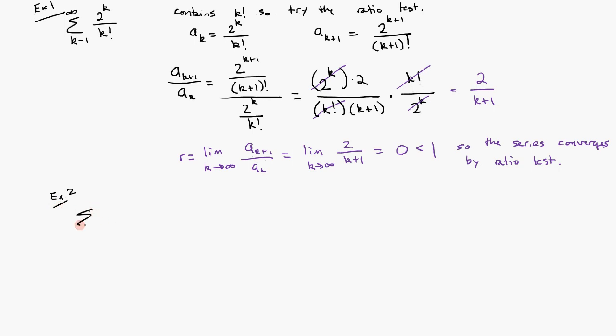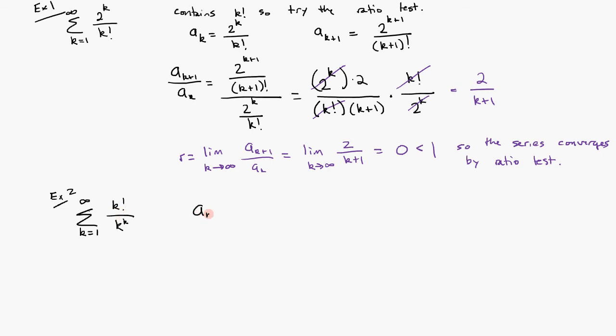Suppose I have the sum k goes 1 to infinity of k factorial over k to the k. Again, this series has a k factorial, so we want to try the ratio test.